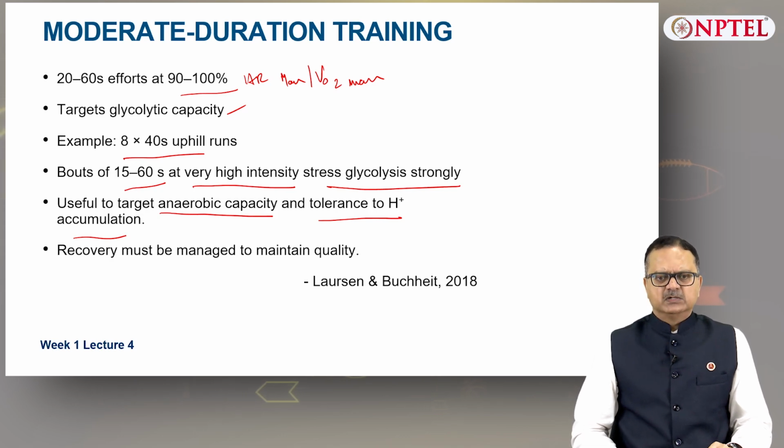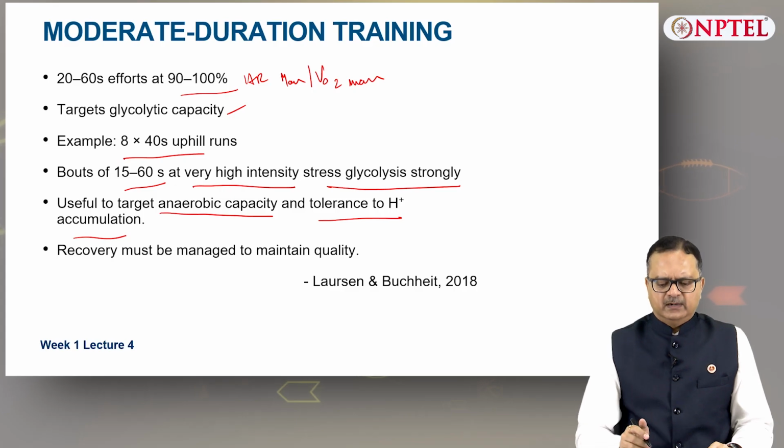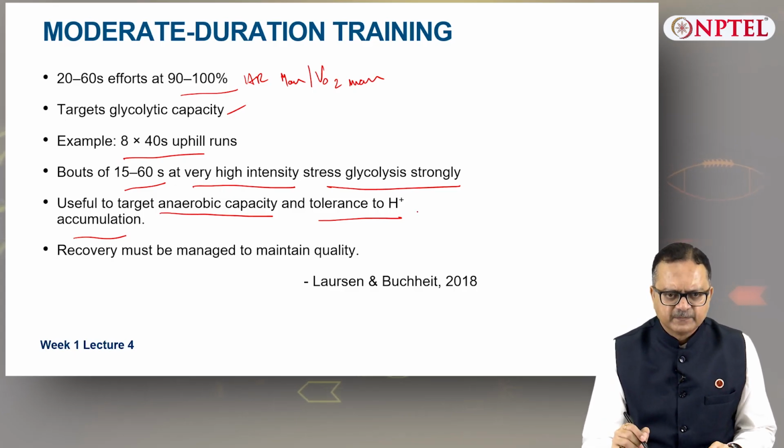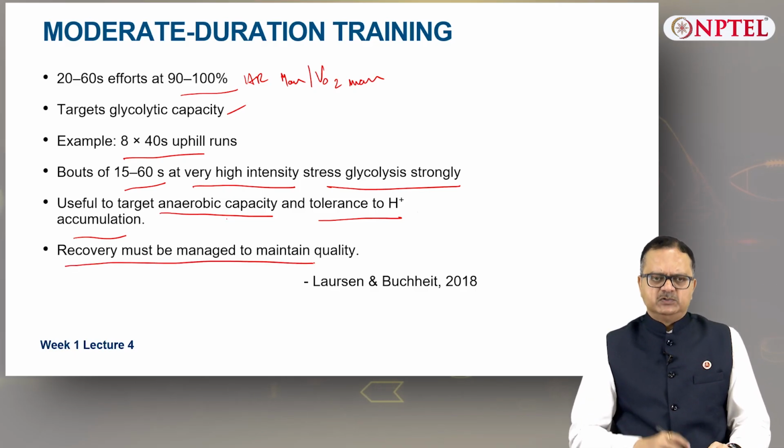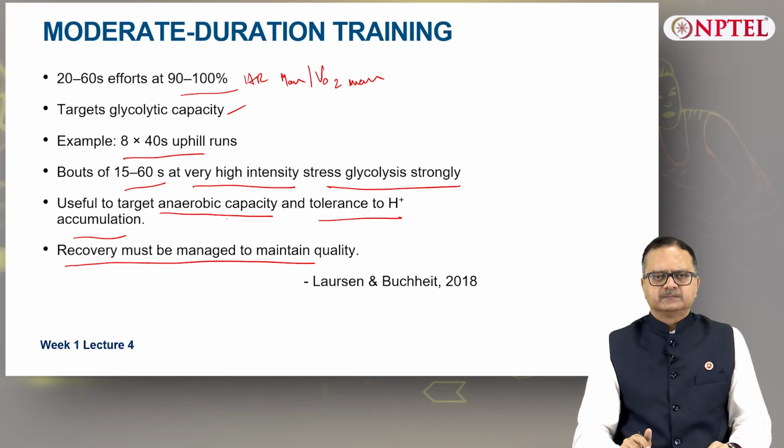But because you are doing it at high acidotic levels and high anaerobic capacity levels, recovery has to be managed. If you just give these training bouts, make sure you give a long recovery period before the next training bout.